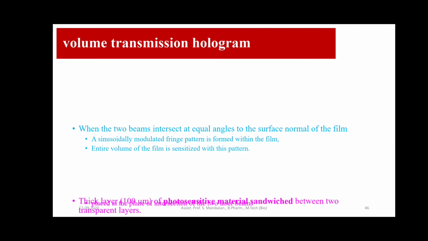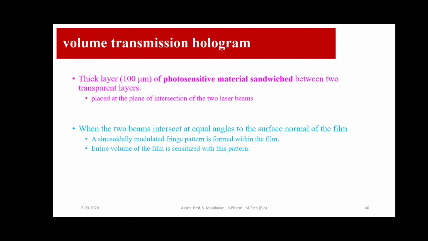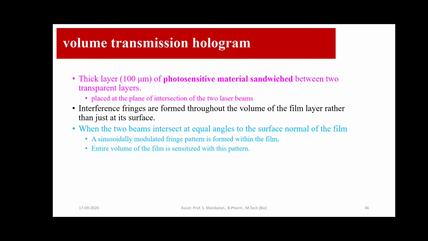Volume transmission hologram means a thick layer, nearly 100 micrometers, of photosensitive material sandwiched between transparent layers, placed at the plane of intersection of two laser beams. The two laser beams are one from the object and one from the reference mirror, right? Interference fringes are formed through the volume of the film layer rather than just at its surface. There are two types.